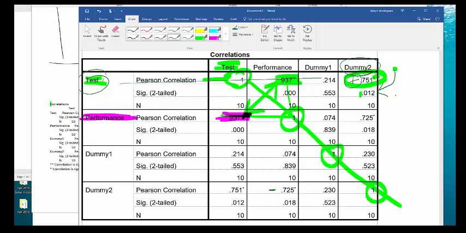We would say that the magnitude or strength of the relationship is 0.725, and we would say the directionality of the relationship is that these two variables are negatively correlated. And that's what you'll have to know.